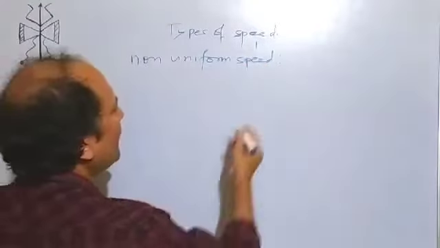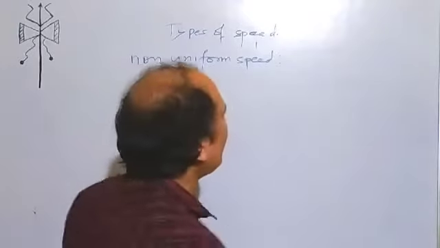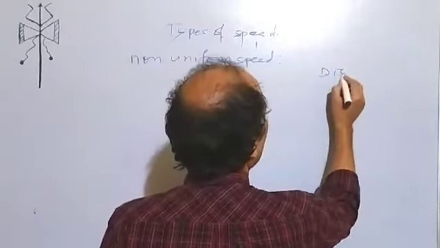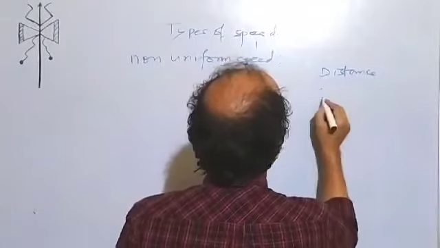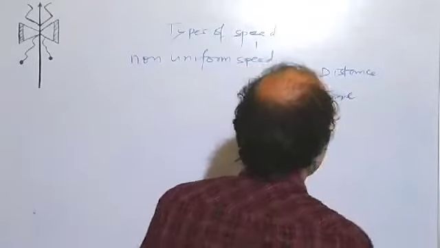See this: for calculation of speed, we take two quantities, distance and time.